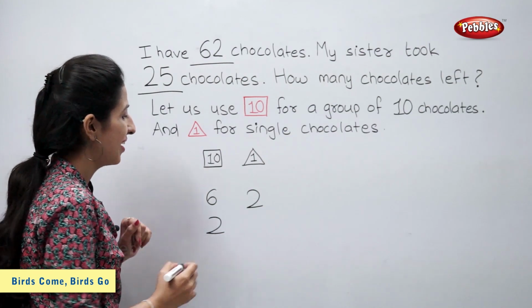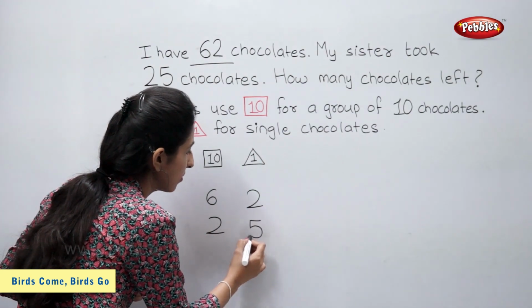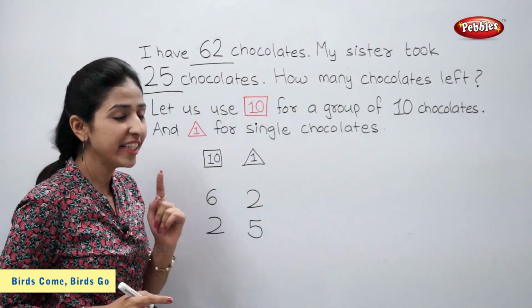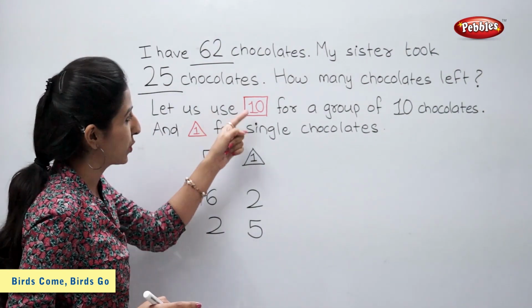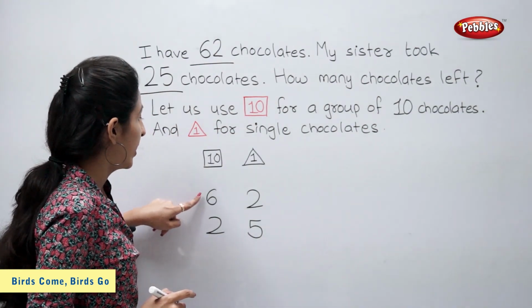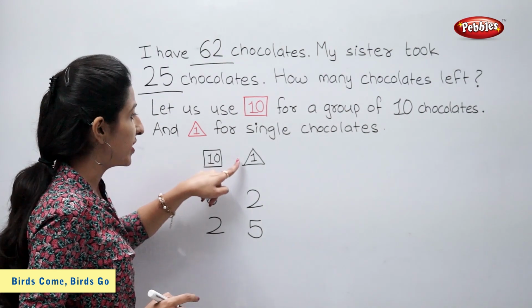Students, let us write these numbers using squares and triangles. 62, 6 tens, 2 ones.